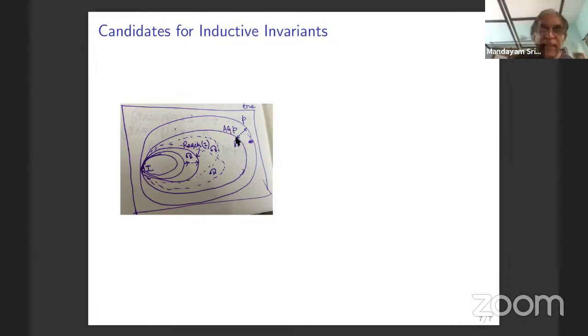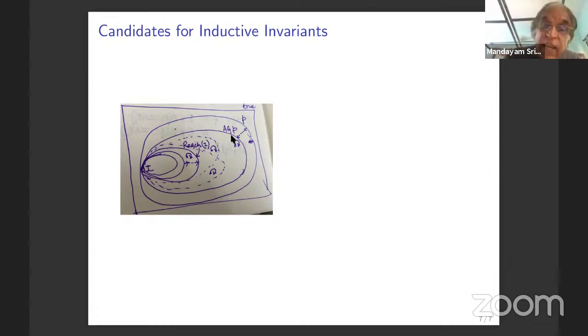Then we arrived at the greatest fixed point, and that is also another fixed point. And that is also an inductive invariant that is strong enough to prove the property P. We already saw two different ways.